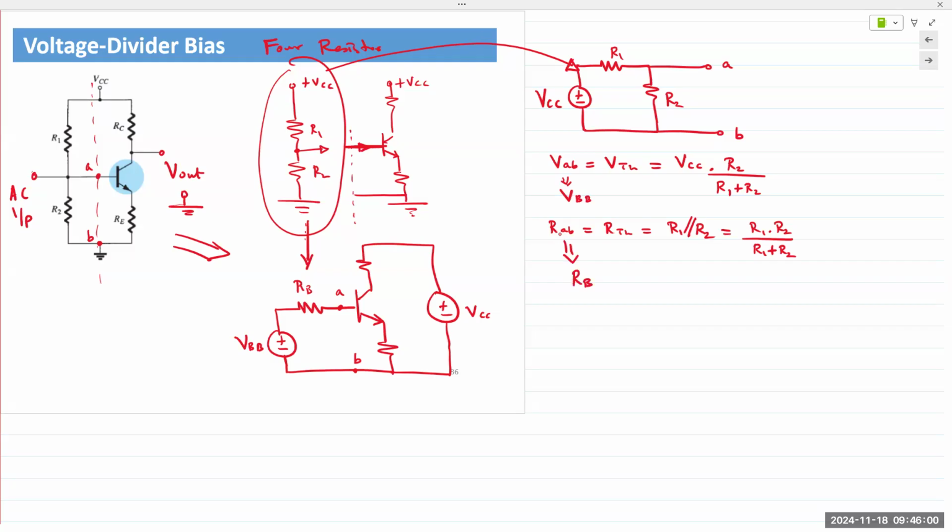Okay. So again, VCC being applied between R1 and R2, we can obtain the voltage across R2. That is our VBB. Okay. So once we have that, we are now ready to apply KVL on both sides of the input and the output.